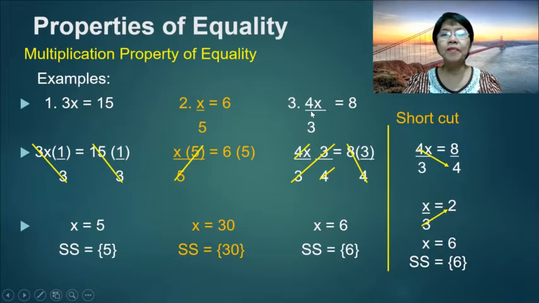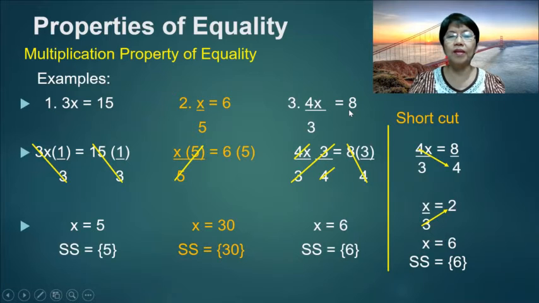And then number 3, 4 over 3 x is equal to 8. So multiplying both sides by the reciprocal of 4 over 3 and then canceling the numbers which can be canceled, we have x is equal to 6.